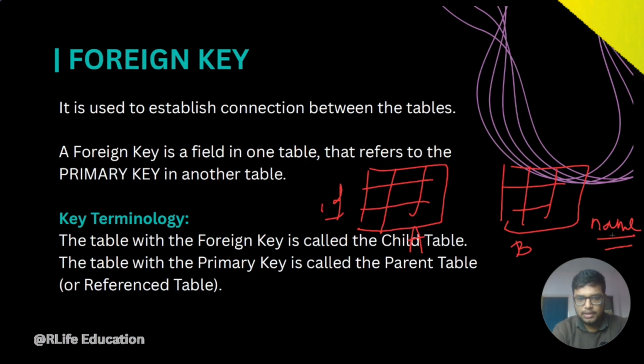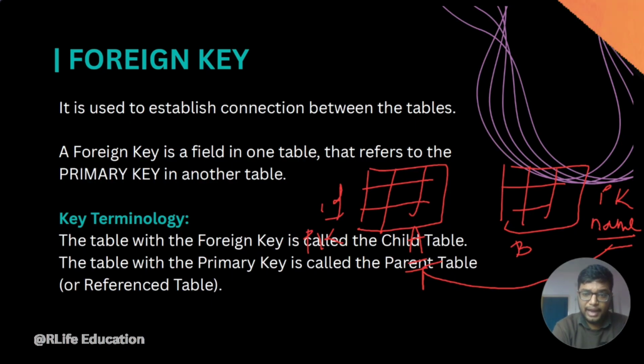If I want a foreign key in table A, I just have to add this primary key into my own table. A is my table, and B is some table declared by someone else. At the time of declaration, that person declared name as primary key, and in my table I declared ID as primary key.